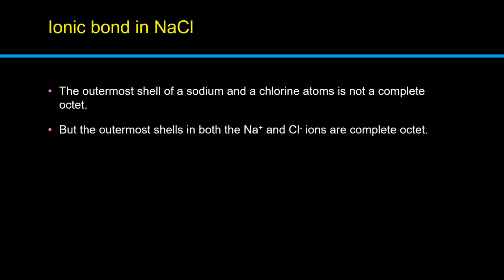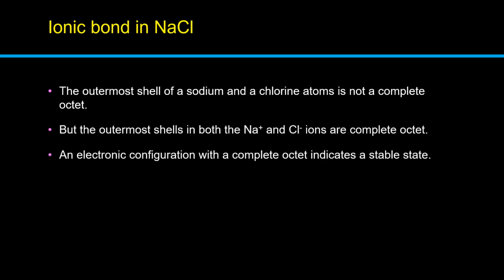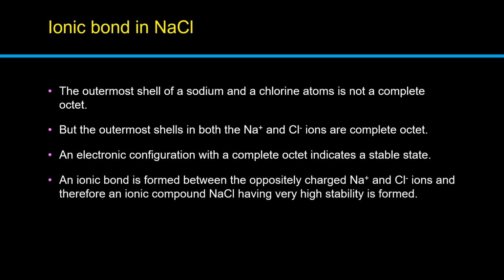Before that, it is not a complete octet. The electronic configuration with a complete octet indicates a stable state. So the ionic bond is formed between the oppositely charged sodium and chlorine ions, positive and negative. Therefore, the ionic compound sodium chloride has high stability.